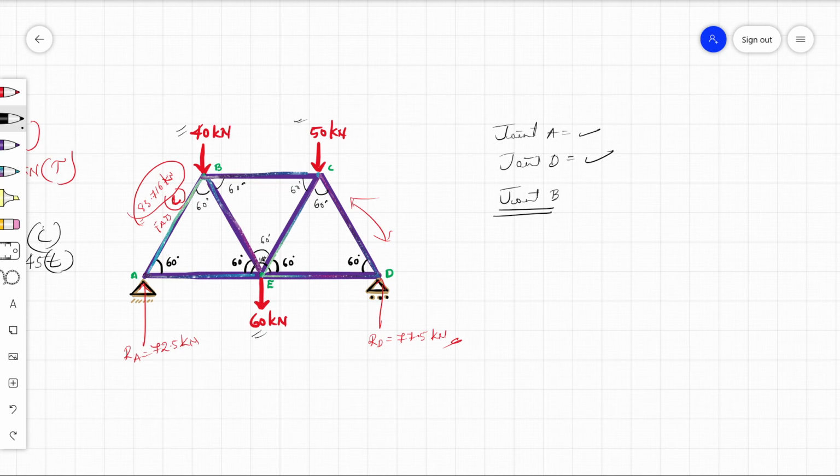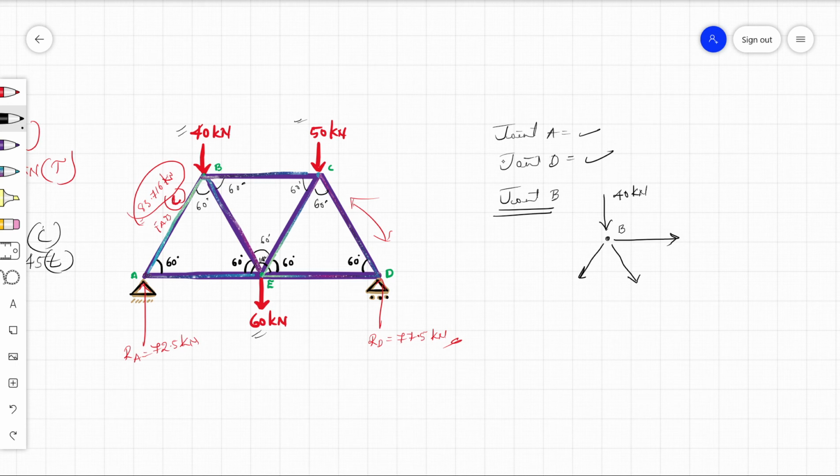Okay, joint B. So let me draw the diagram for joint B. This is a point, that is B. There is a vertical force, that is 40 kilonewton. All the members are assumed to be in tension.